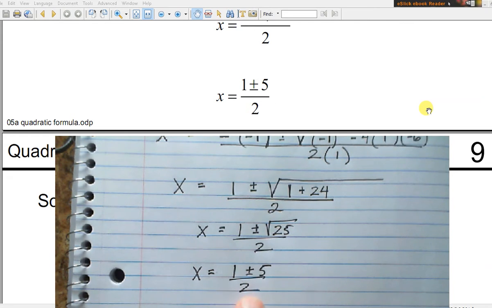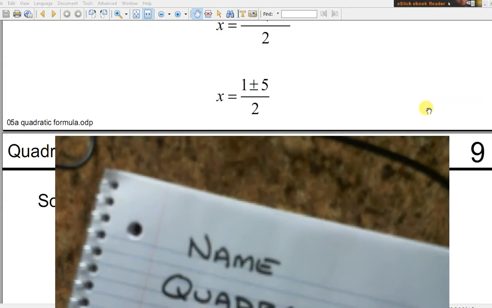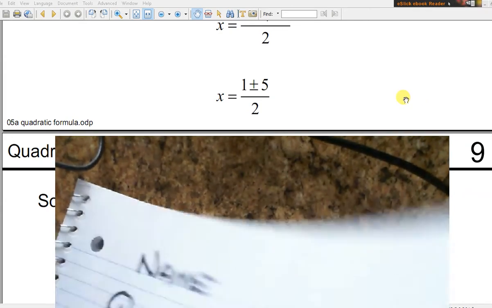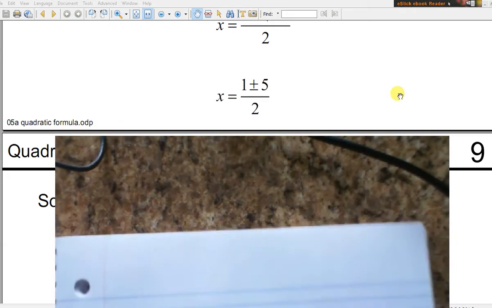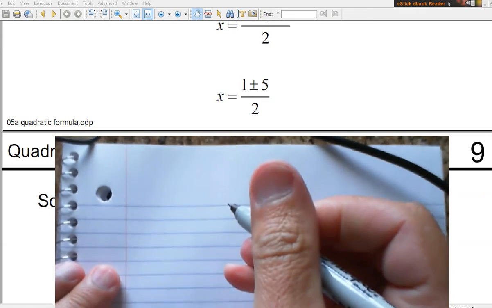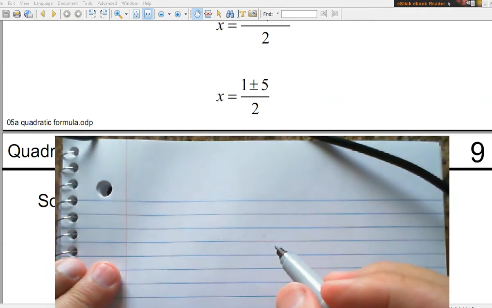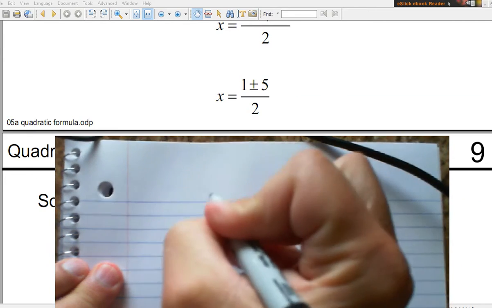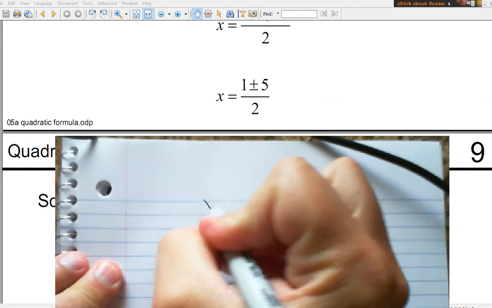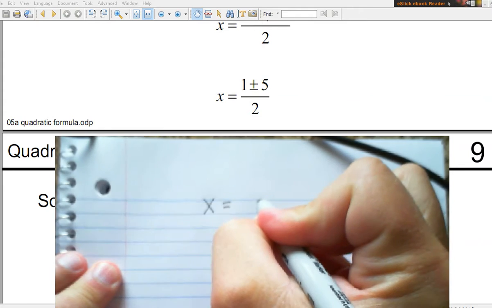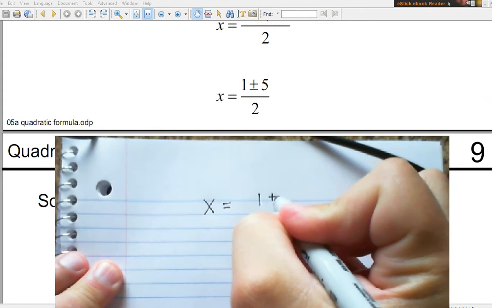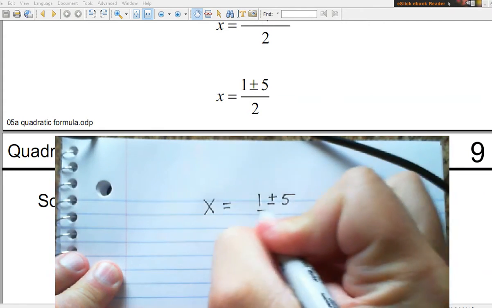At this point, we're going to actually split this into two little problems. Now, you could probably all fit this on the same page in your notes. I'm going to have to rewrite a little bit of it, though. So right here, I have x equals 1 plus or minus 5 over 2.